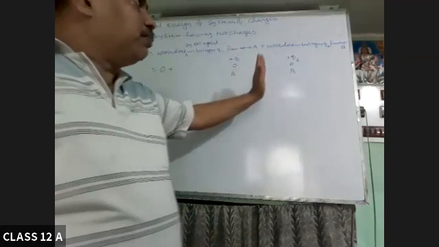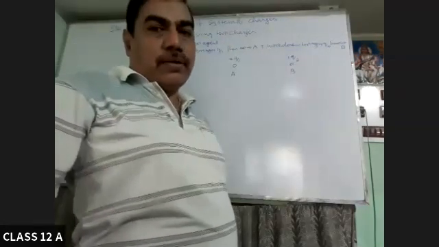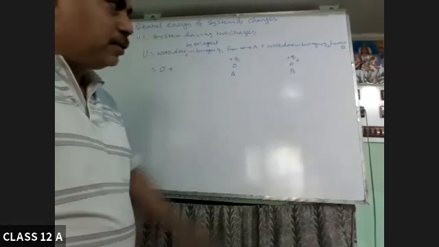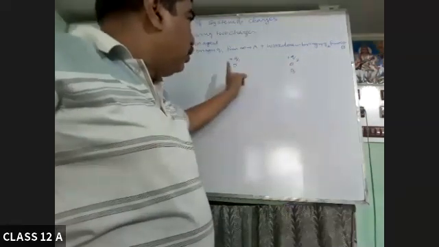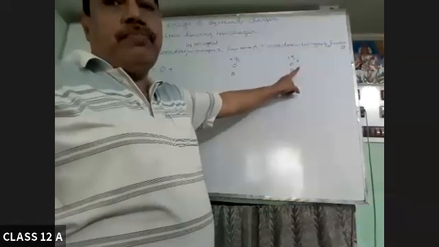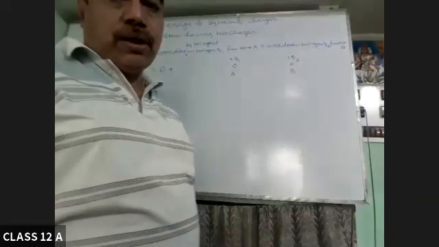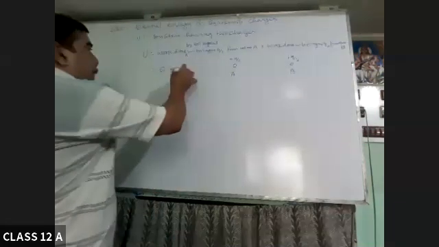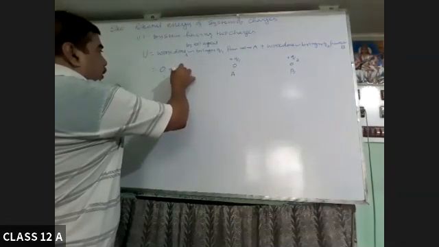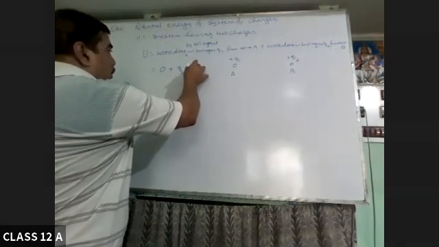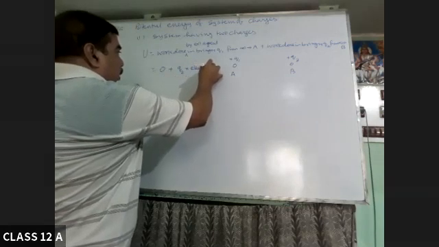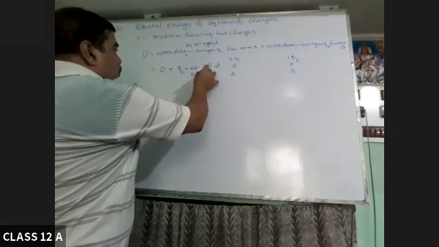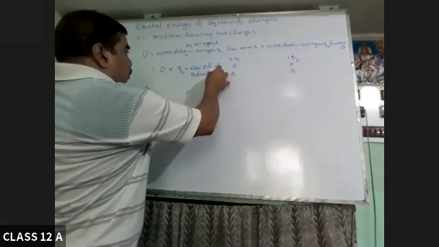So, in that case, we will have to do some work. And how much work? Charge into potential at B due to this plus Q1. So this one will be Q2 into electric potential at B due to plus Q1.